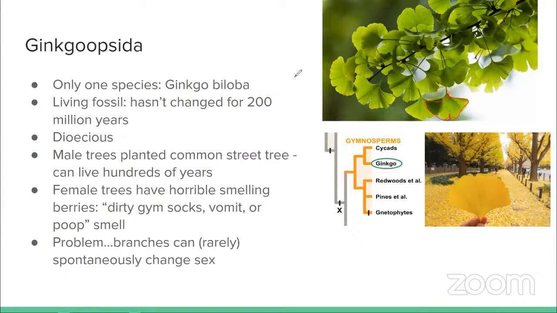So that works fine, except ginkgos can do a cool thing, which is that rarely they can spontaneously change sex. So sometimes they plant all male trees down the street. Everything's going good for years and years. And then all of a sudden, one of the branches decides to be female and starts creating these horrible smelling berries. I think that's kind of fun and tricky of the ginkgo.